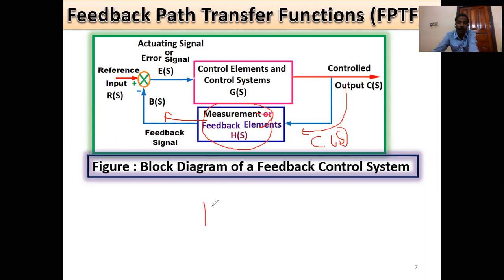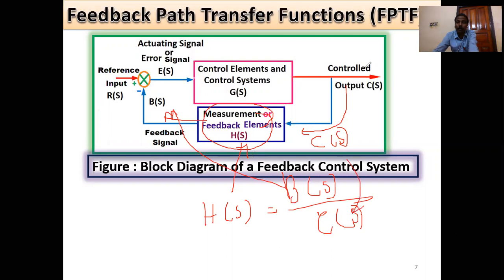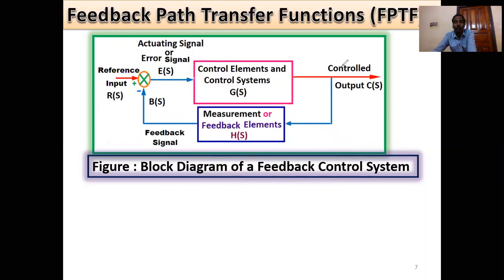So H(S) equals what? This is the measuring element. The output equals B(S) divided by C(S), because the transfer function is output by input, H(S) equals B(S) output and C(S) input, with all initial conditions 0.